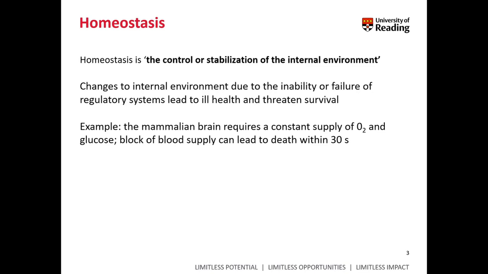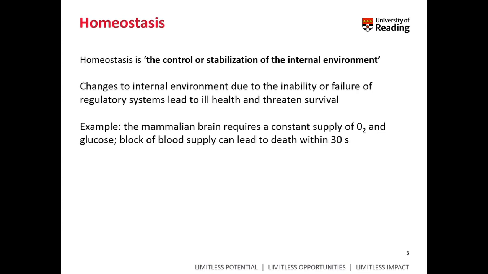So once again, homeostasis is the control or the stabilization of the internal environment, and if changes occur due to the pathological incapability of the regulatory systems to keep it stable, that leads to ill health and sometimes to death.